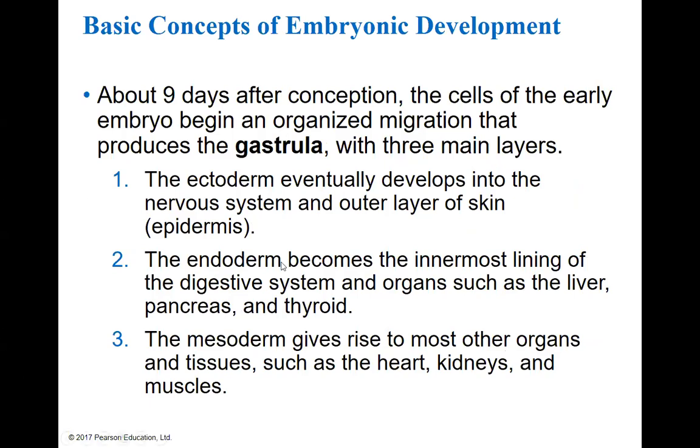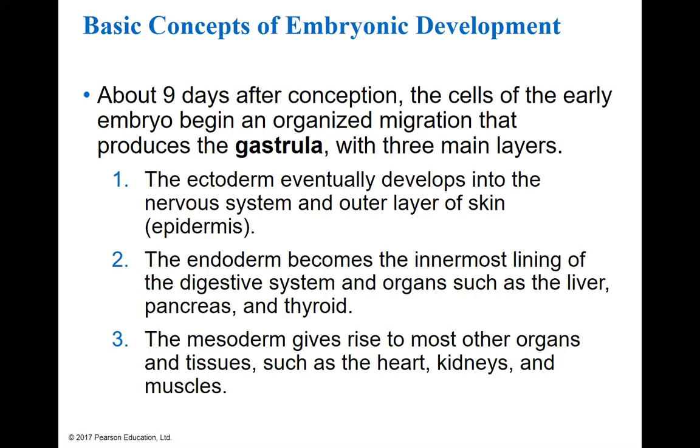So about 9 days after conception, which is of course the fertilization, the cells of the early embryo begin an organized migration. This organized migration is something that we saw in the first video, the sea urchin video, where it leads to the formation of the gastrula, giving the three layers that we talked about: the ectoderm, the endoderm, and the mesoderm.